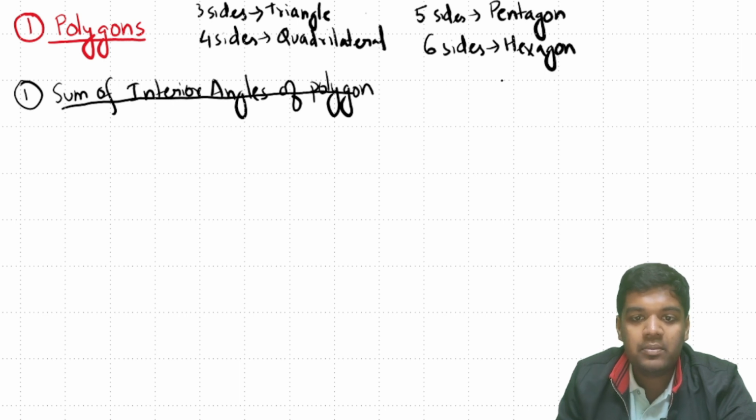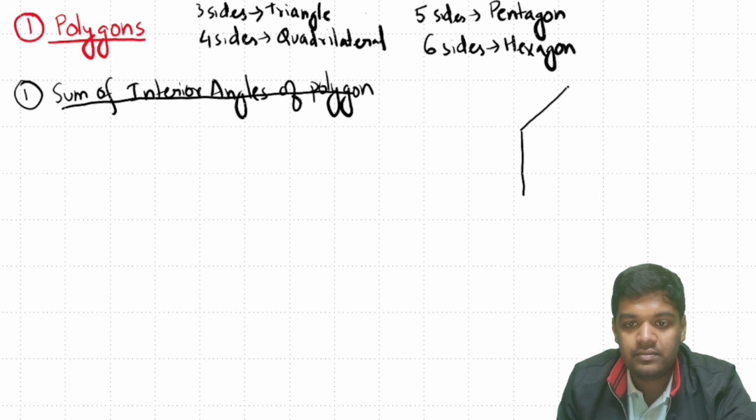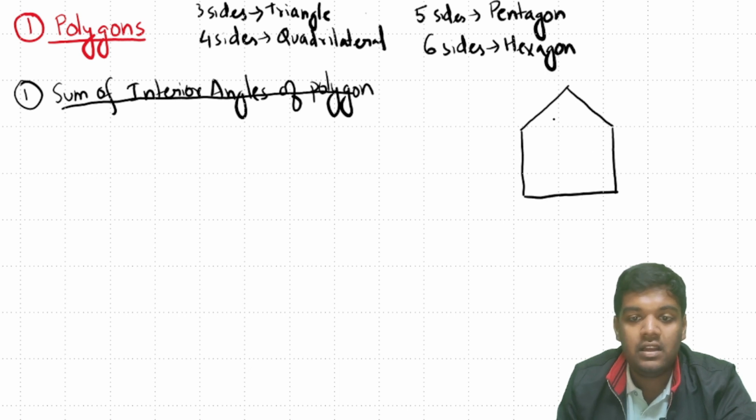So let's say a polygon of five sides, which is a pentagon. Let's draw here. This is a pentagon, right? So when we say about interior angles, I'm referring to this angle plus this angle plus this angle plus this angle plus this angle.